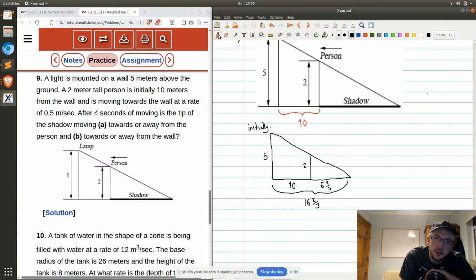And then after 4 seconds of moving, that's obviously still 5 meters tall. And then it's going to be 2 meters less. So that'll be like 8.